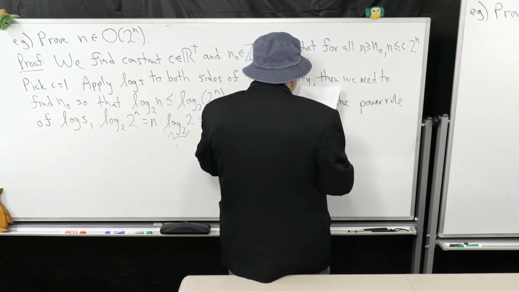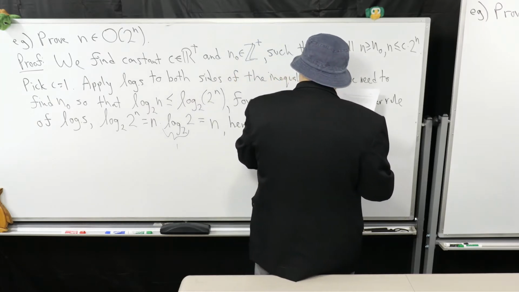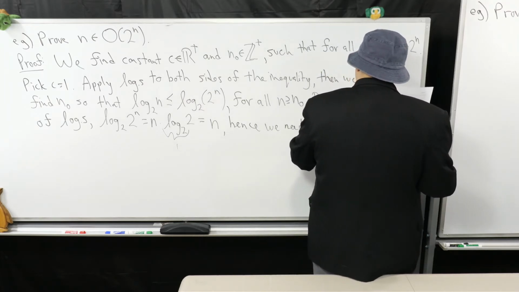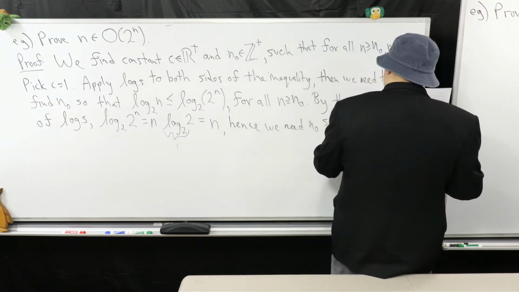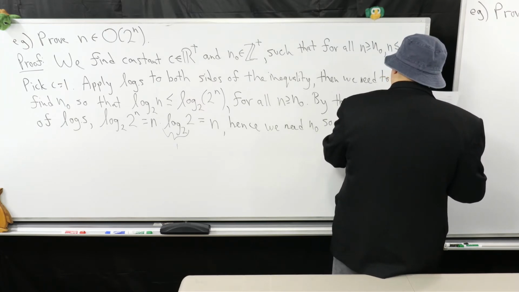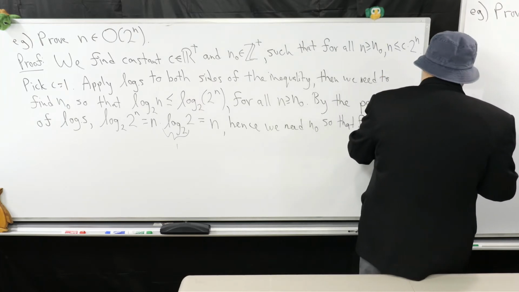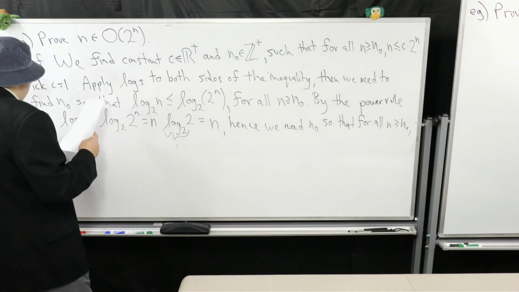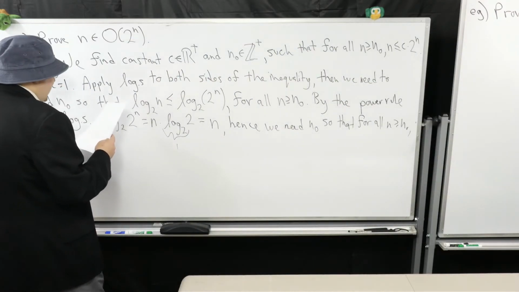Hence, we need n0 so that for all n greater or equal to n0, log base 2 of n is less than or equal to n.